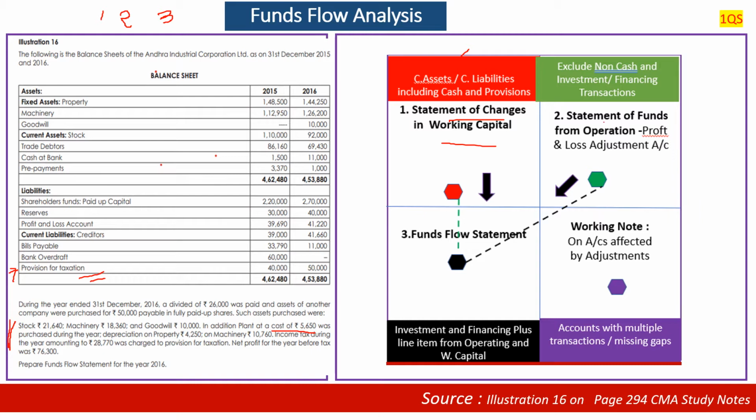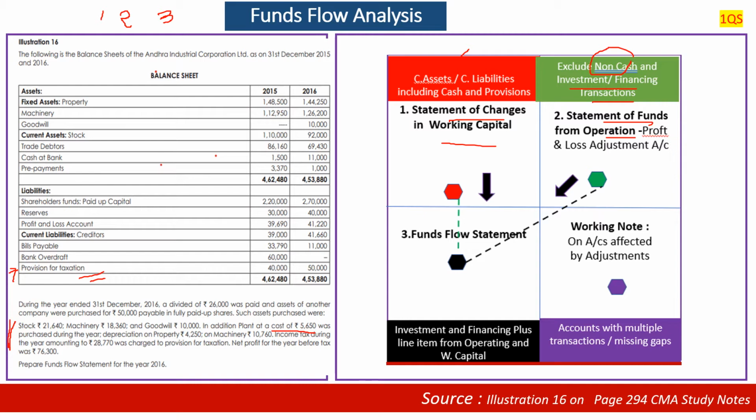And second, the statement of funds from operations, as we have seen, excludes non-cash depreciation, transfer to general reserve, write-off of goodwill, write-off of preliminary expenses, and at the same time, investment and financing transactions like dividend received, interest received, dividend paid, interest paid, and along with that, it will also have profit or loss on sale of fixed assets.